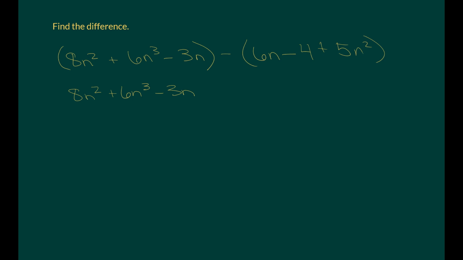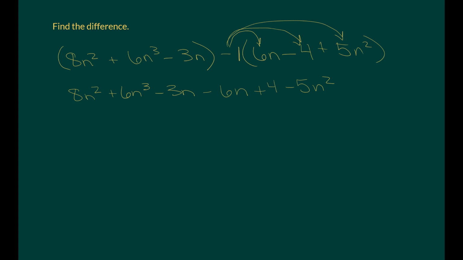Now remember on the problem before this, I said this is like a 1 right here. So what you're actually doing is you're going to distribute this -1 to everything in the second parentheses. So we have minus 6n plus 4 minus 5n squared. And a lot of times my students will ask me, well, you're just changing the signs of everything. Yes, I am, because I'm multiplying that second polynomial by a -1.